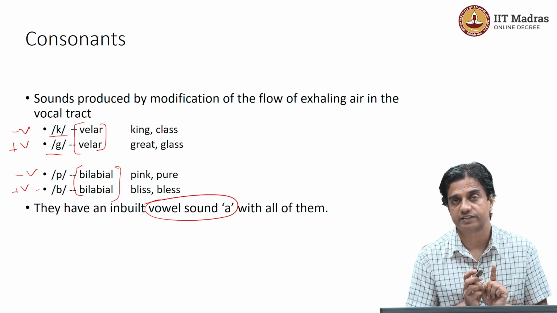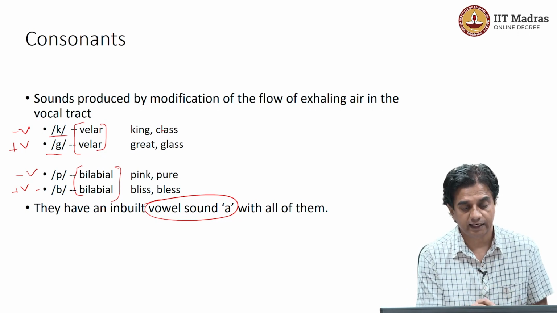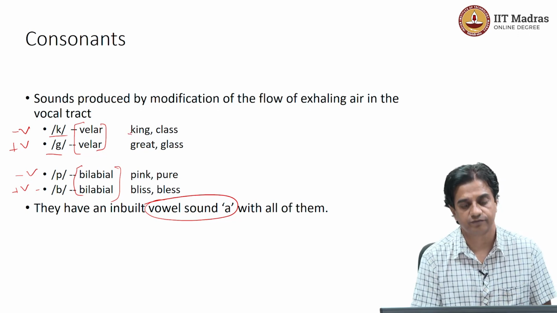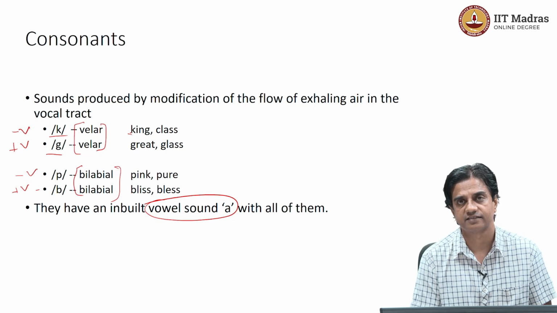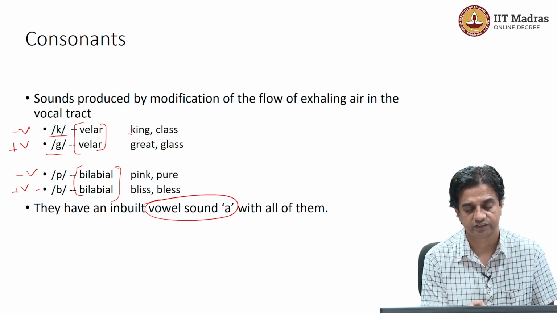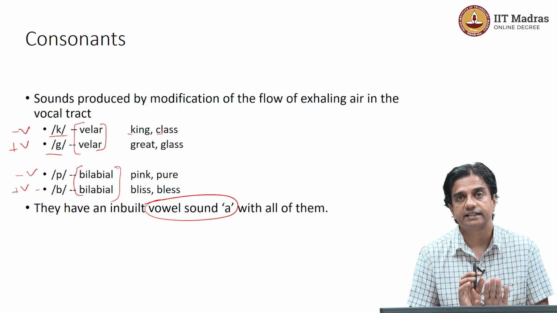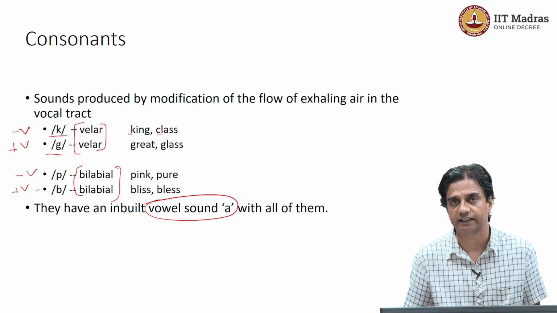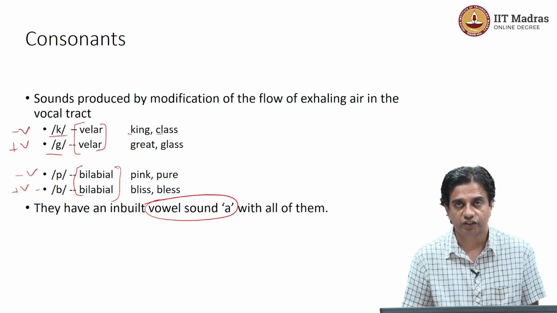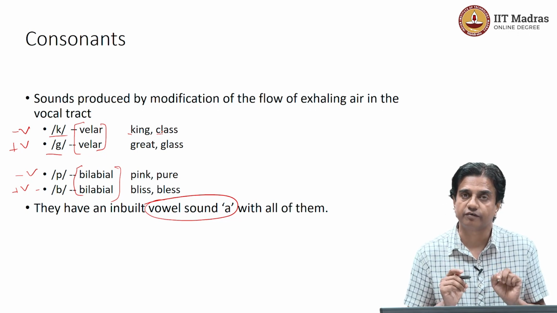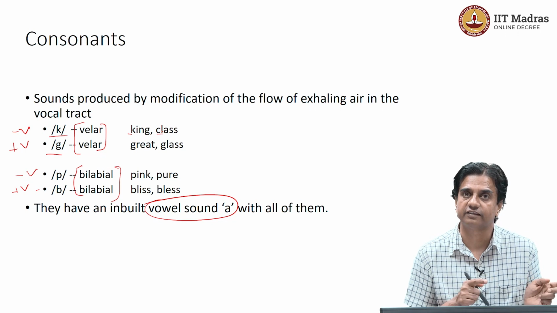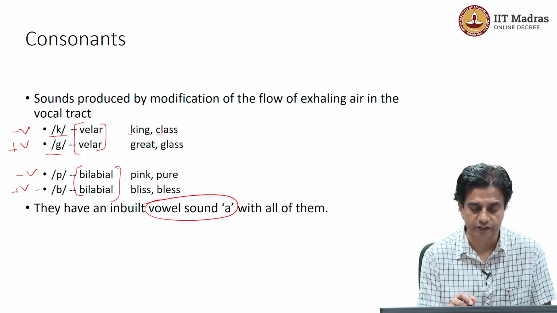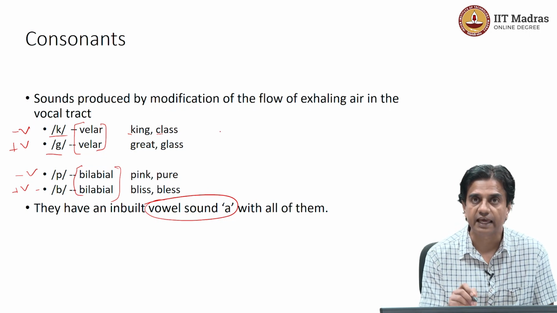Once more, the first sound in the word king is ka, and the first sound in the word class is also ka. It's a different matter that they are written differently as a matter of spelling in English. And this will be useful when you do the exercise that I have asked you to do.